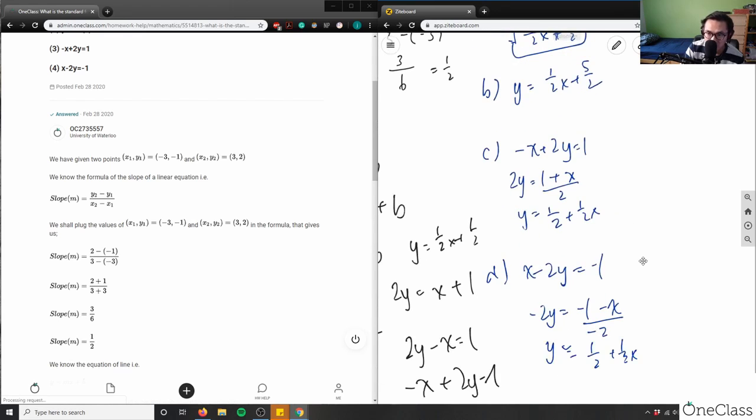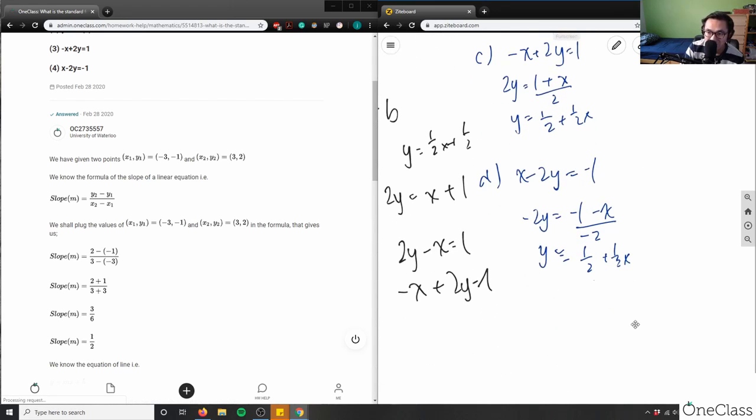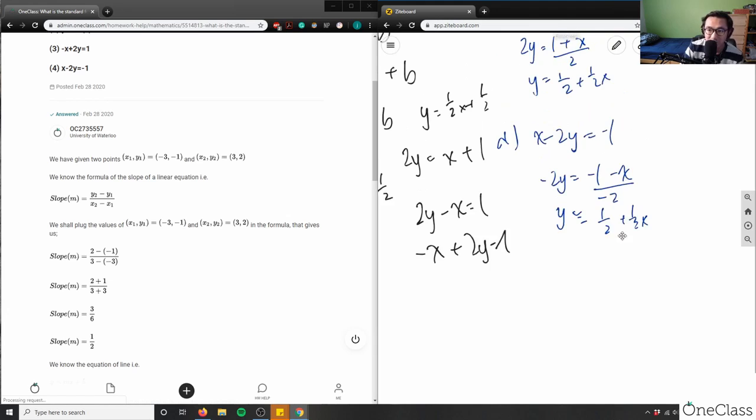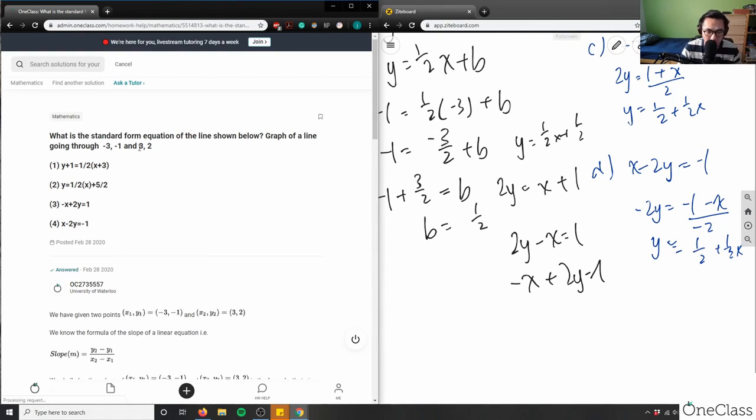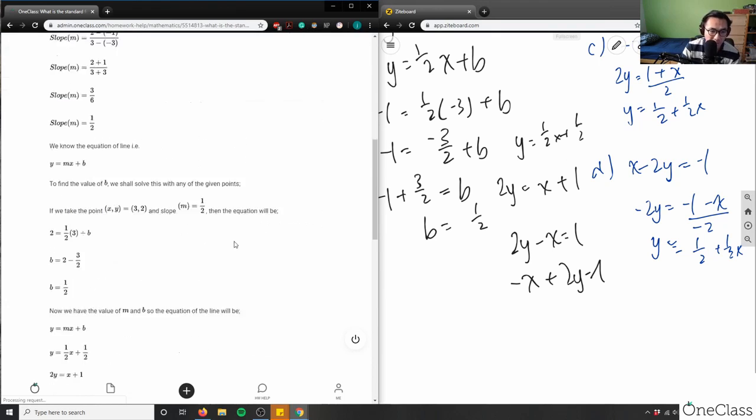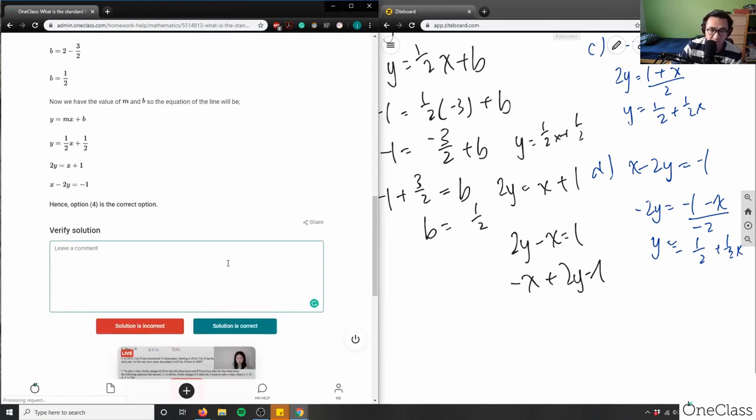This is also half x plus half, this is half x plus half, and this is half x plus half. So I believe that all of these solutions would go through this point here, but I'm going to say that this solution is incorrect because the last part was very confusing. I don't know how they got 1 and then this simply became negative 1 here.